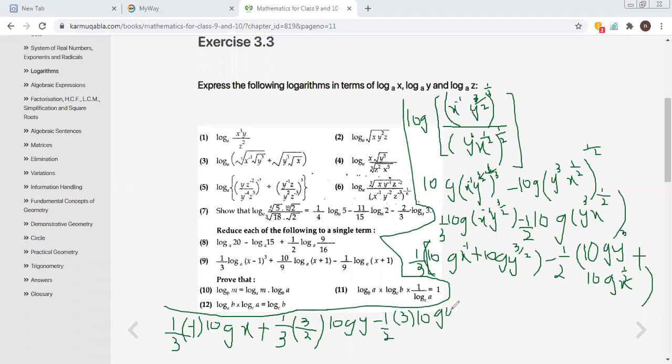Now minus is written before the bracket, so when we open the bracket, the sign changes, minus plus minus 1 upon 2. And x already has 1 upon 2, so we will write it in product form, 1 upon 2 multiplied by 1 upon 2, and log of x. Is there any confusion?